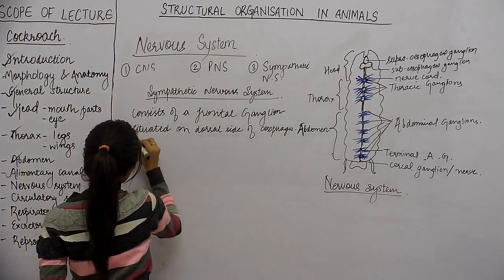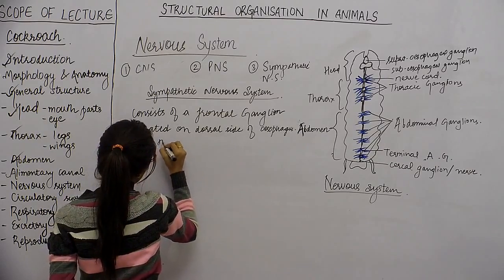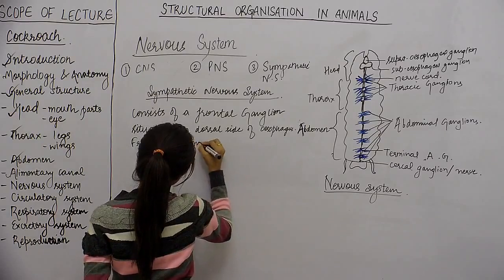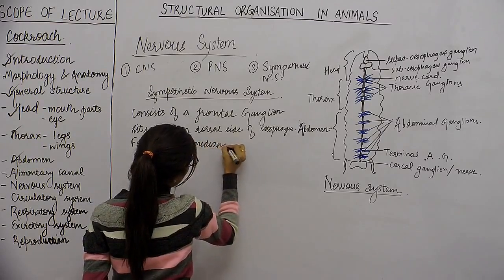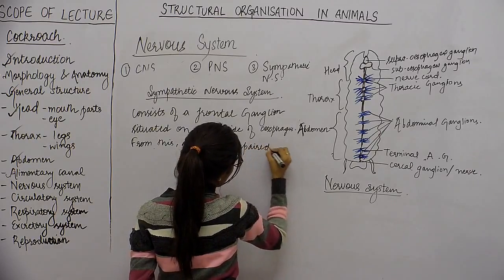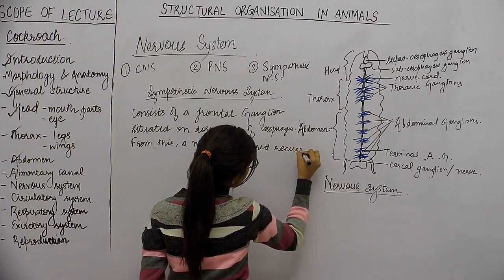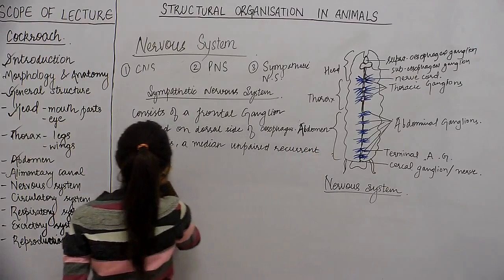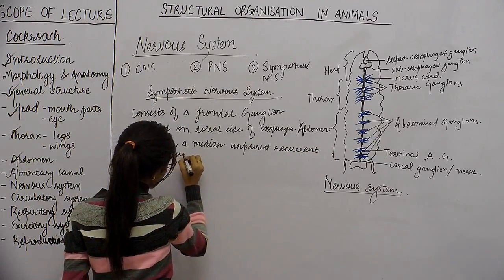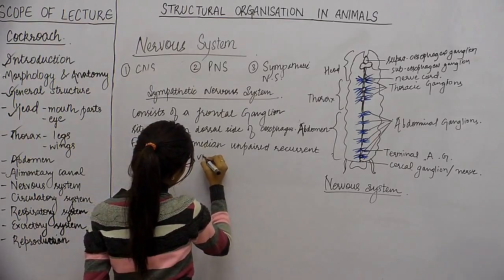From this, a median unpaired recurrent nerve passes to the bisecral ganglion.